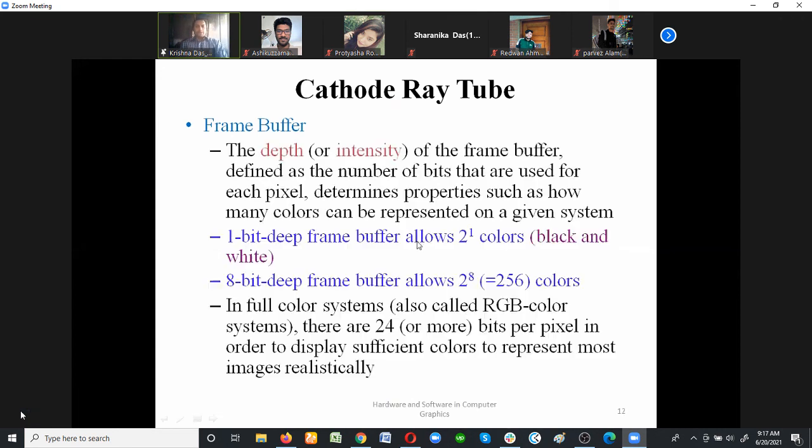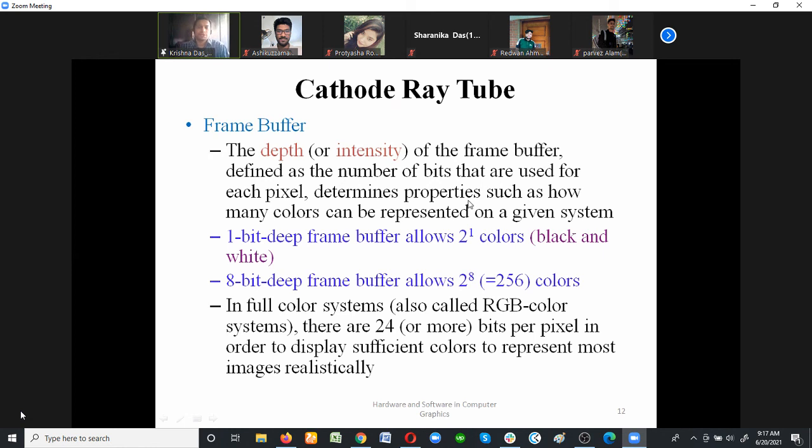All right, let's discuss frame buffer. We already said the frame buffer is actually the place in the memory where the information of your picture will be kept. Now, the depth or the intensity of the frame buffer is relevant to the depth of the picture as well.